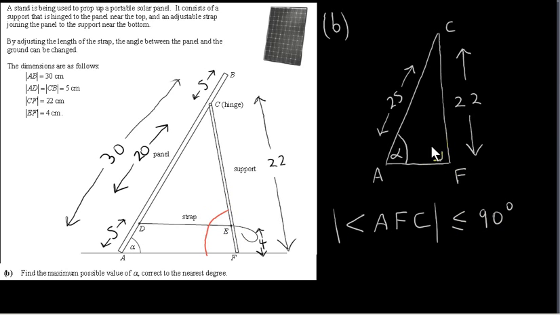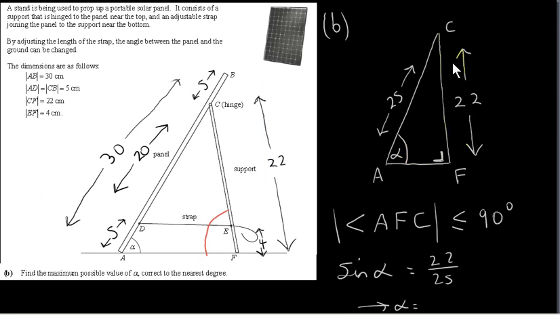If this angle is more than 90 degrees, then the support will look like this. And I'm sure that that's an unstable configuration, so we need to consider the extreme situation for angle AFC. That is when angle AFC is 90 degrees. Let's see what alpha is.